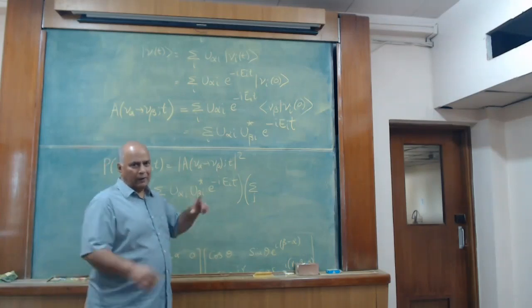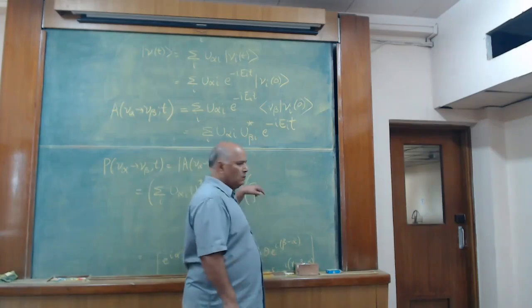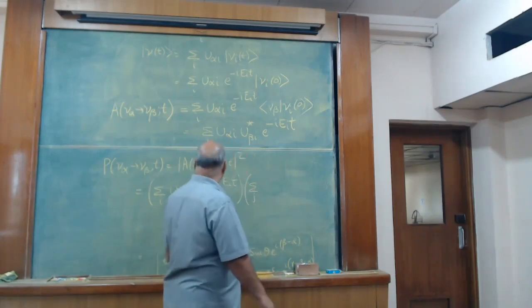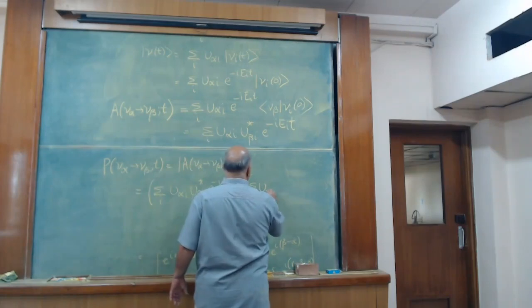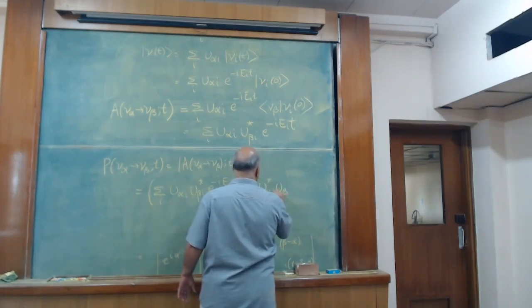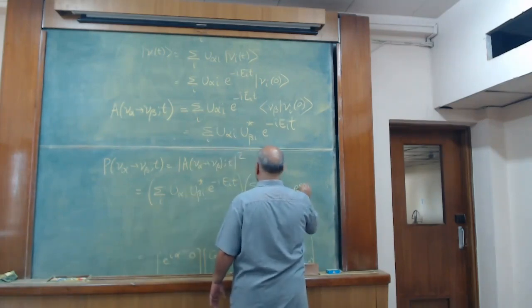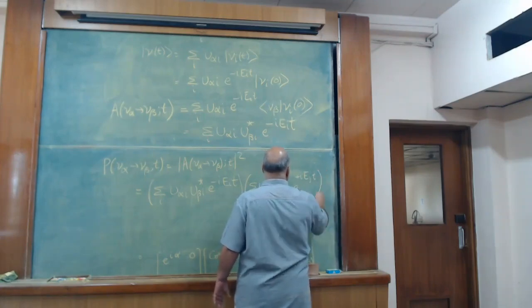So to avoid confusion and making a mistake, I now put the summation over j, and u alpha i star, u alpha j star u beta j e power plus i Ej t.